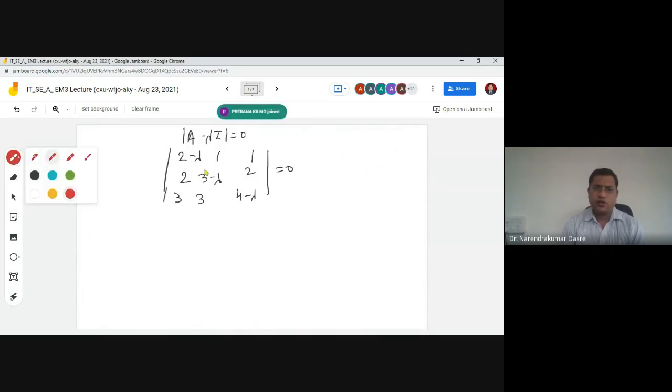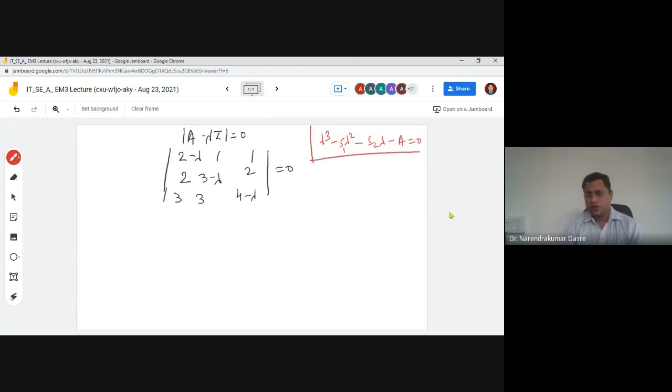And we know the shortcut. What is the shortcut? Lambda cube minus S1 lambda square plus S2 lambda minus determinant of A equal to 0. So this is the equation that we want to find out. Let us try to find this.